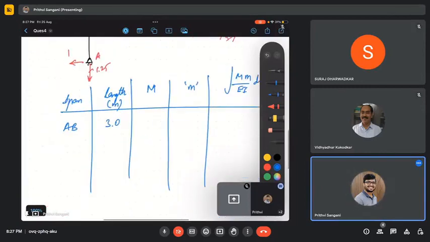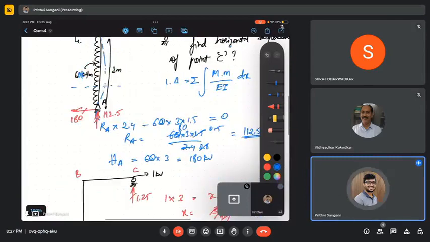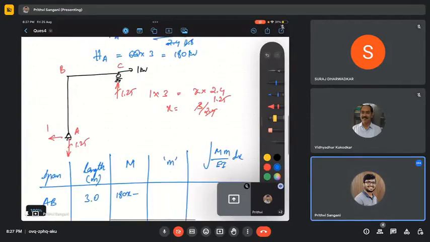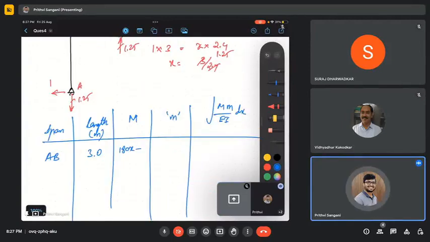So 180 into x minus 60 into x by 2, that is 30x squared. What about small m?